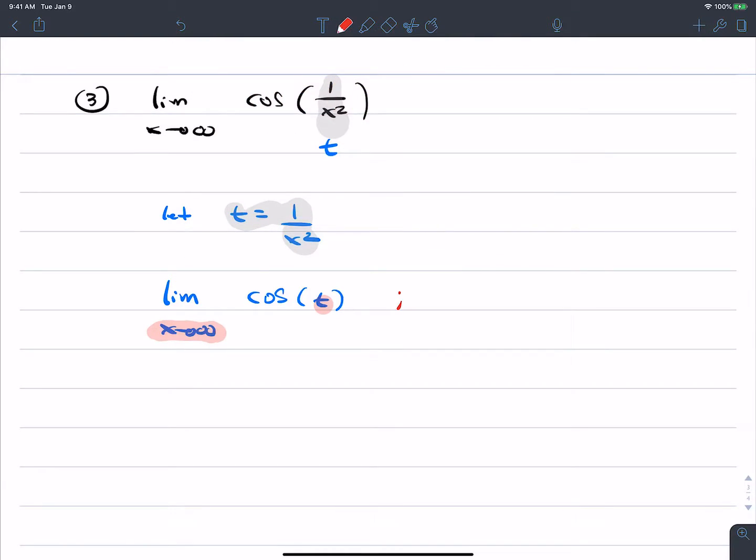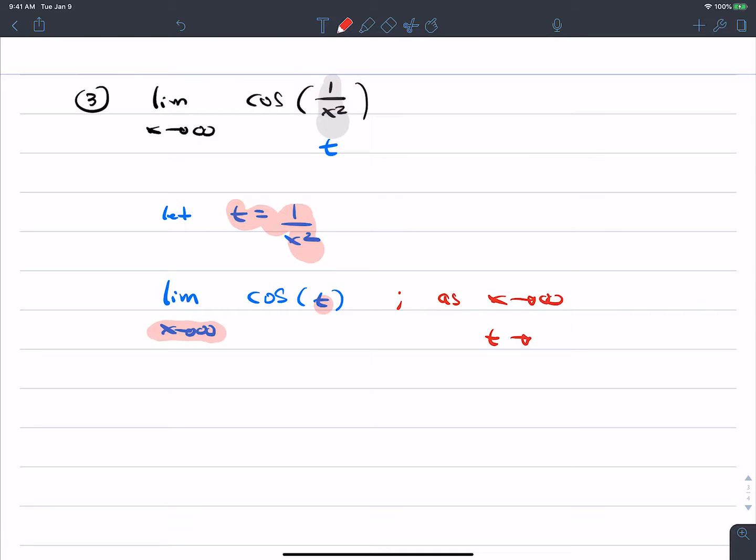Here's what I mean. As x gets big, what happens with the variable t, since t is 1 over x squared? So we have to see what happens to t, since it's 1 over x squared, as x gets big.